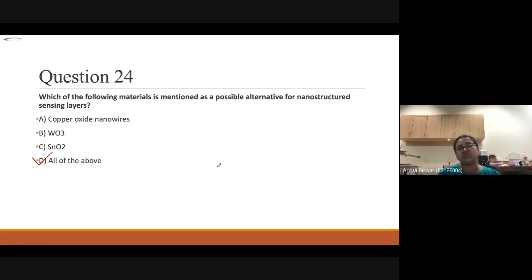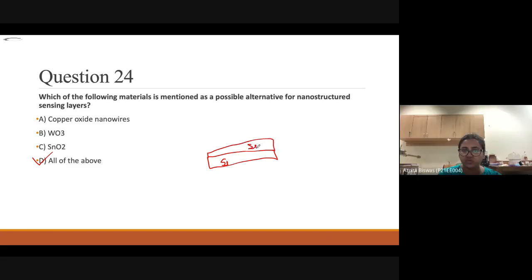Because when this material interacts with the gaseous molecule, the material properties change. Do you know how chemiresistive devices work? Like if this is the silicon wafer, and here the oxide layer is present, silicon dioxide.